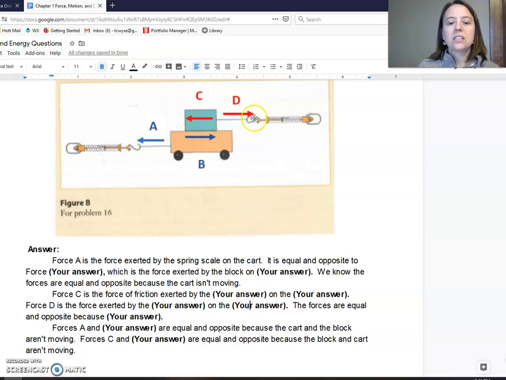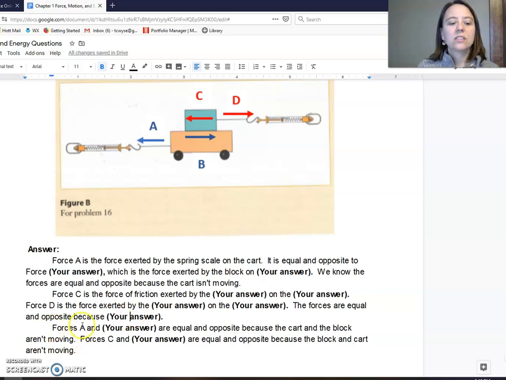We know C and D are equal and opposite because if the forces on the block were unbalanced, it would be moving. But if the forces are balanced, or if two forces are equal and opposite, then we know it would not be moving. So you want to put your answer right there.